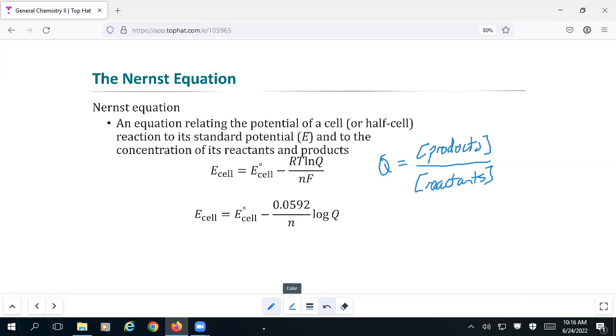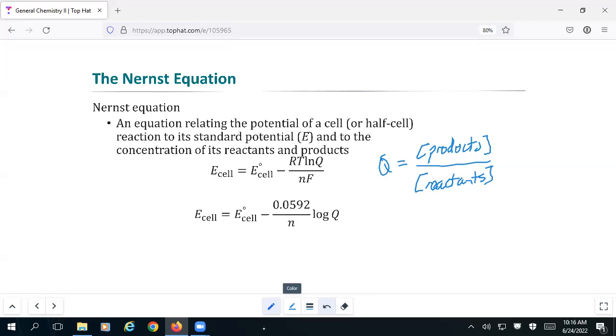The answer is going to be 1. And if Q is equal to 1, the natural log is equal to 0. And that whole half of the equation collapses. So at standard conditions, Q is equal to 1. This whole negative business here becomes equal to 0. The measured E is the same as the standard E.